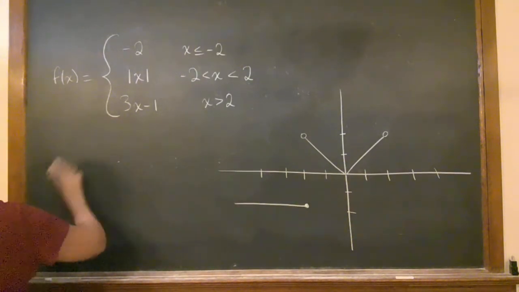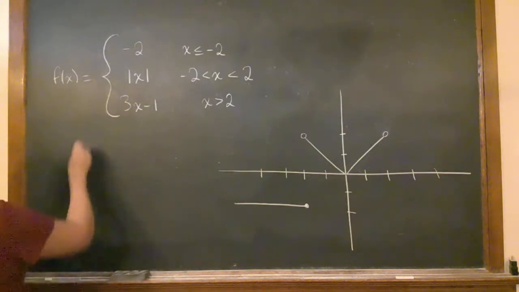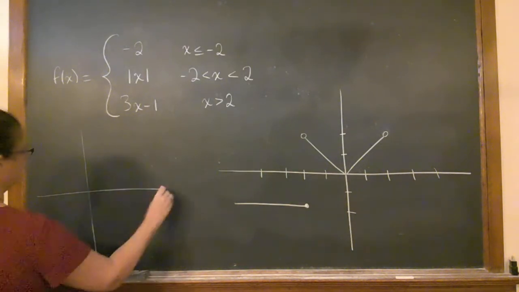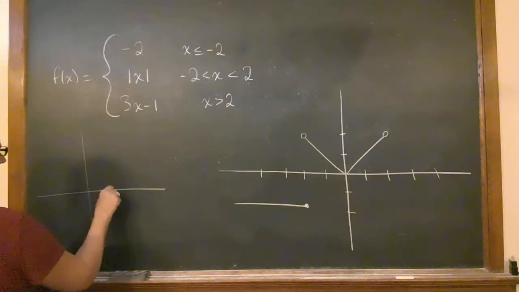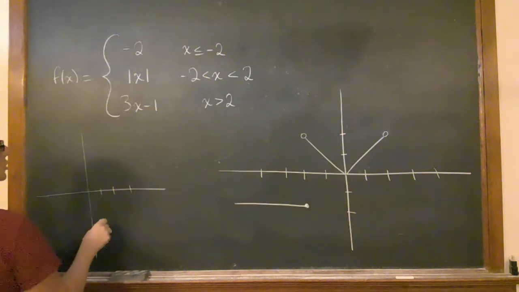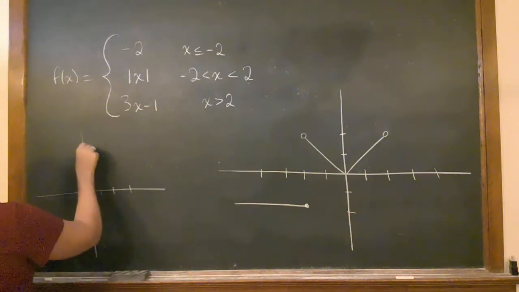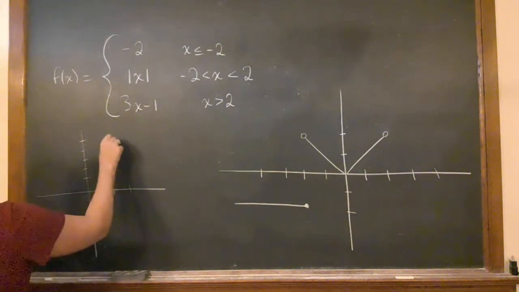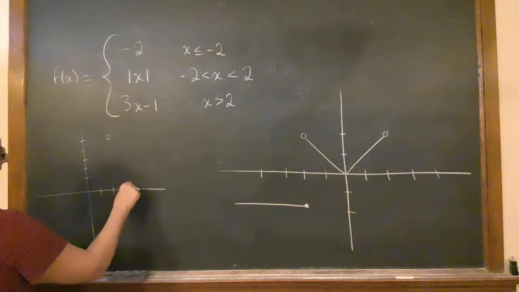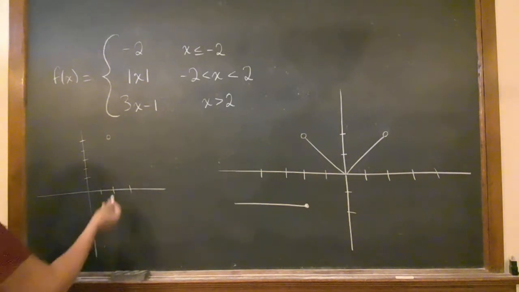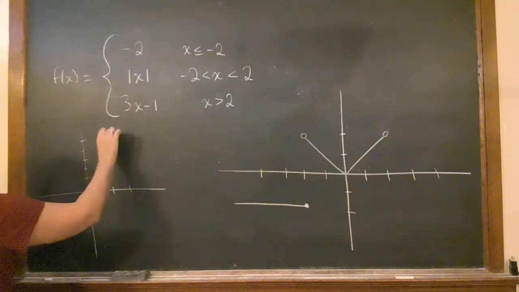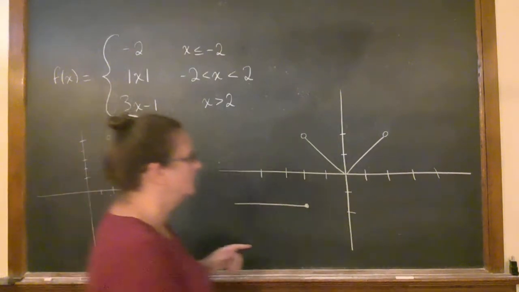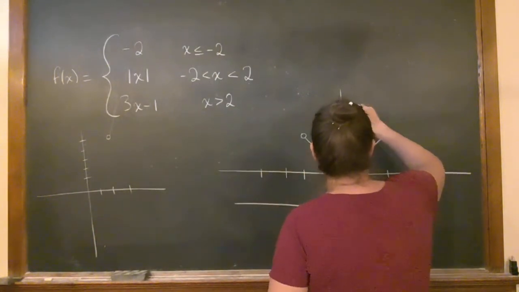The last part is just some line. Let's see, 1, 2, 3, right? So 1, 2, 3, 4, 5. So at 2 it's 5, and I can just plot points, right? At 3 it's 8, and I'm up here, whatever. So it's a line like this.